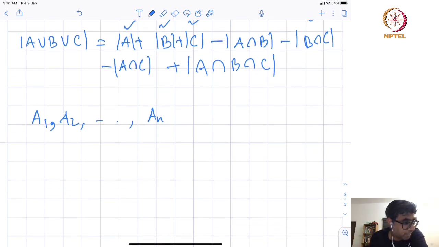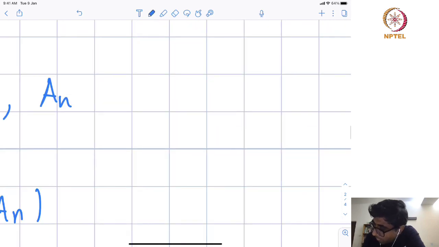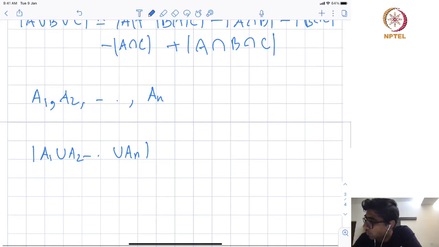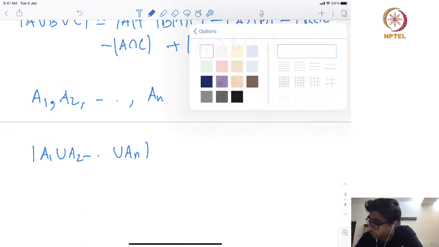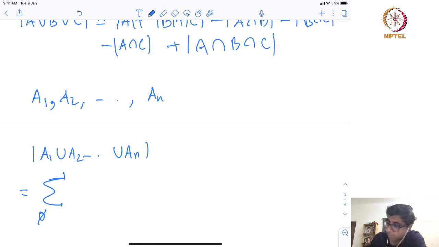Then we can generalize this, and the cardinality of A1 union A2 union up to An is nothing but a summation going over nonempty subsets of the index set N.